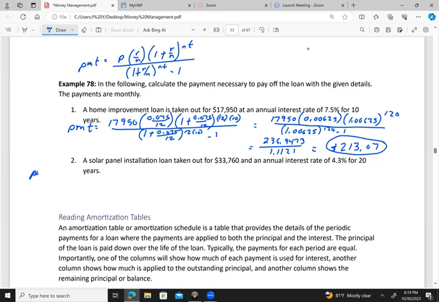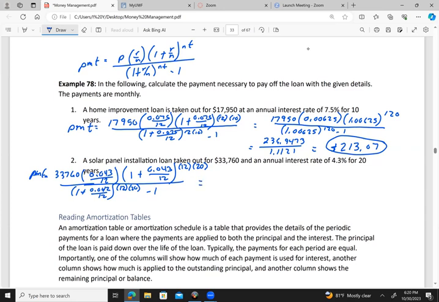So again, my payment is equal to the principal, $33,760 times the interest rate in decimal form, 0.043 over 12, times 1 plus the interest rate in decimal form over 12 to the N, which is 12 monthly, times 20 years, all over 1 plus 0.043 divided by 12 to the 12 times 20th power minus 1.